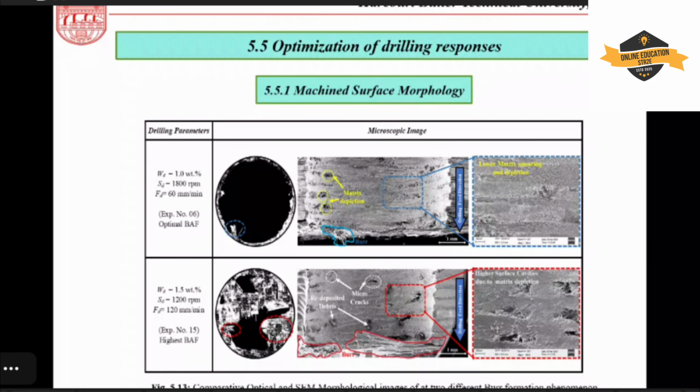Further, when we zoom in on that SEM image, we observed the image at very high resolutions. This image shows that experiment number 6 is the validating experiment.